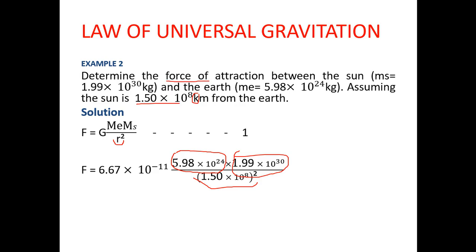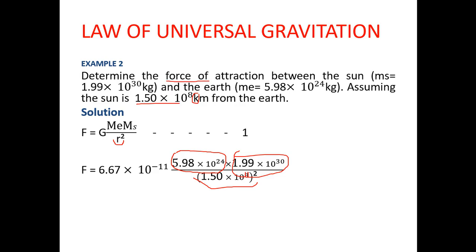If you multiply 10 to the power 8 by 1000, this will increase to 11. So this would be 1.50 times 10 to the power 11. Then you close the bracket to power 2.